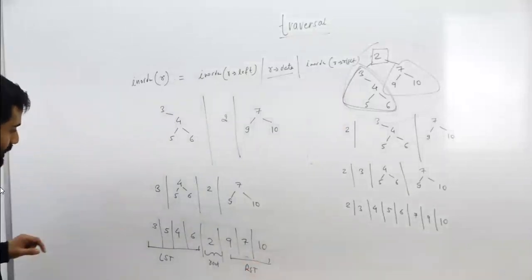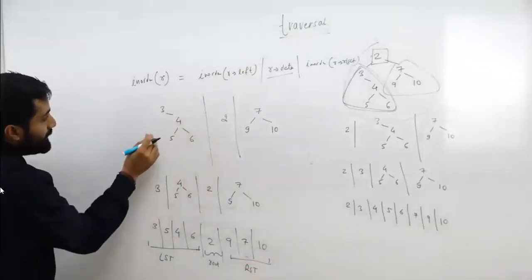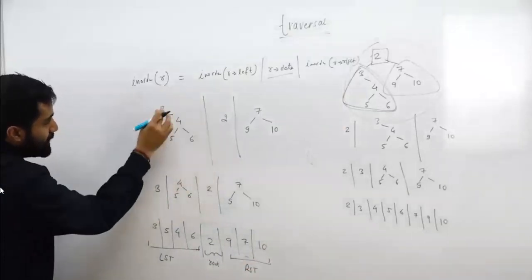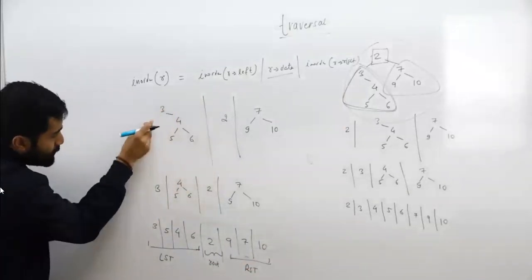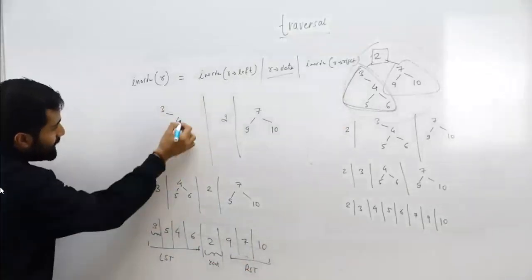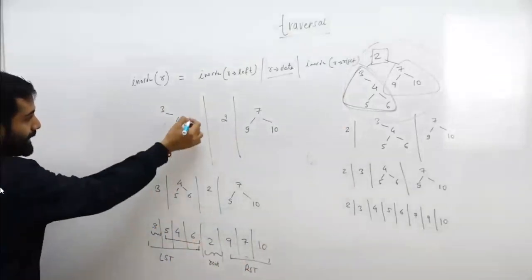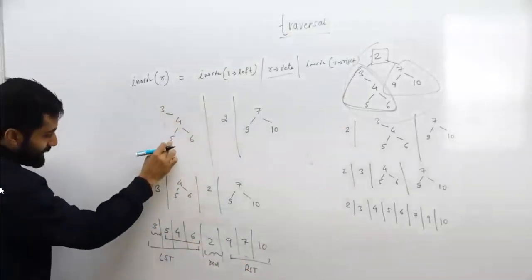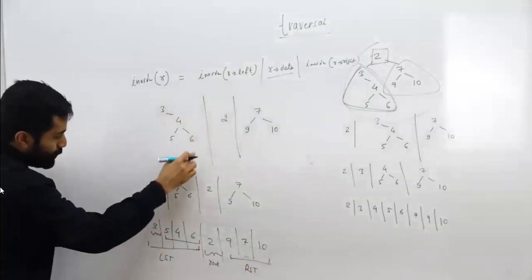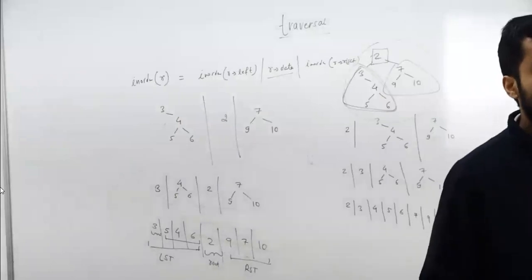Now again, when you look at this left subtree, in 3, 5, 4, 6, first you have printed the left subtree, which is empty, so nothing is printed. And then you have the root, and then you have the nodes of your right subtree. Now again, in your right subtree, you have first printed the left subtree, which is 5, and then 4, and then 6. That is how recursion works, and that is how you end up getting such kind of output.